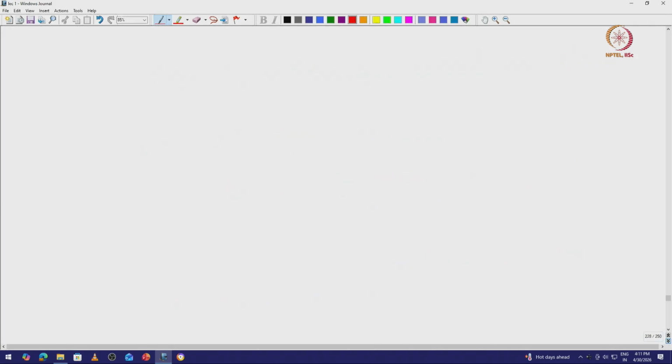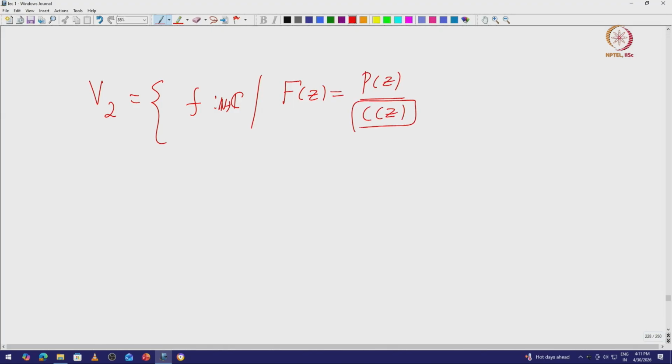For example, V 2 is nothing but the collection of all functions from n to C such that f of z is given by p of z divided by c of z, where c of z is fixed, and p of z is a polynomial whose degree is strictly less than d.